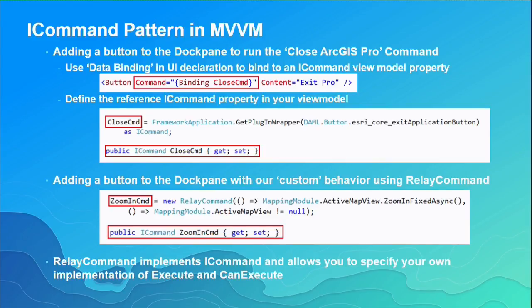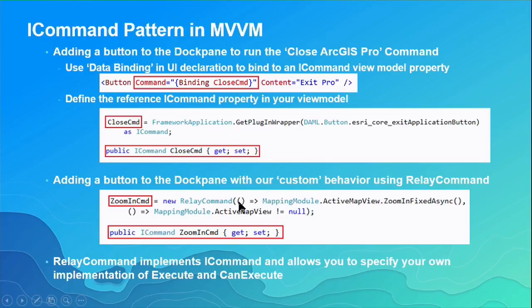So the next code snippet right here shows you how I define this. So here is my ICommand property with a setter and a getter. And then here would be the code snippet using GetPluginWrapper that gives me the ICommand definition for the existing ArcGIS Pro functionality. On the bottom here is a very similar function.